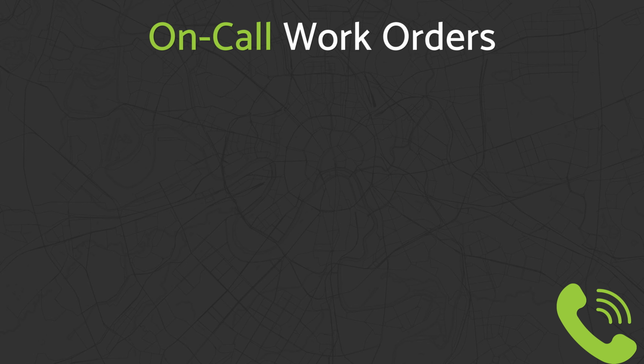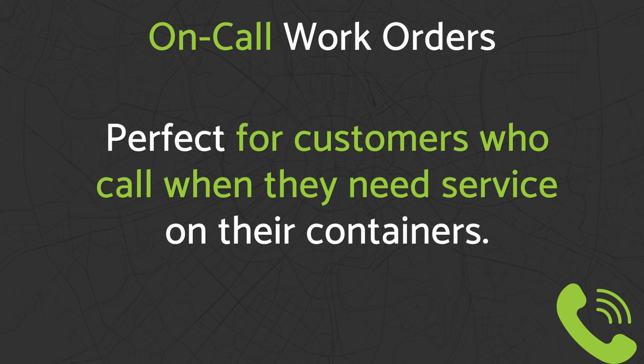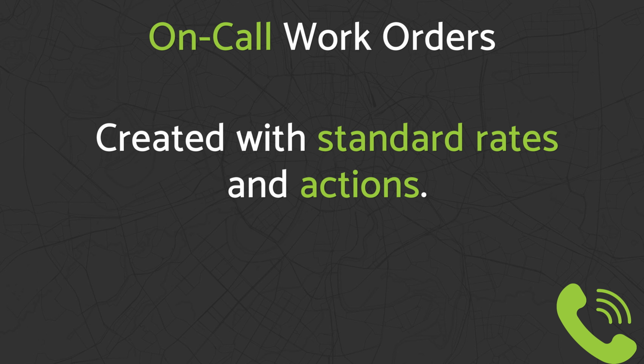On the other hand, on-call work orders are perfect for customers who call for service when the container is full. You create these work orders with standard rates and actions, allowing flexibility for handling occasional or unscheduled pickups.